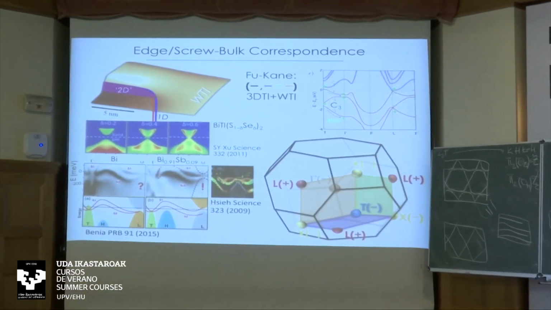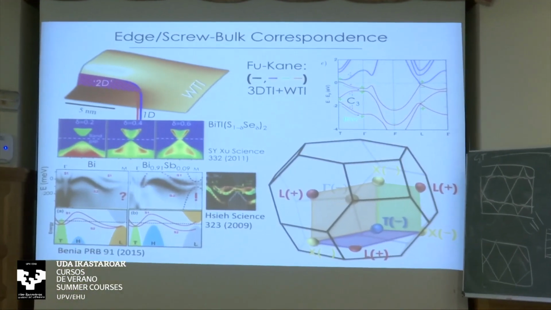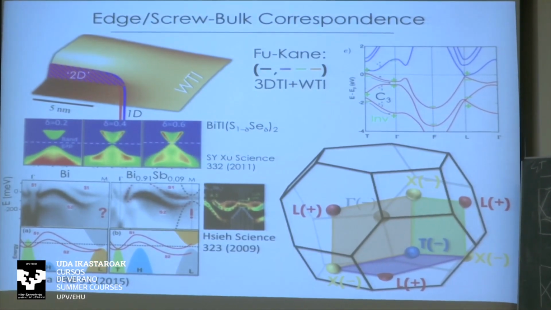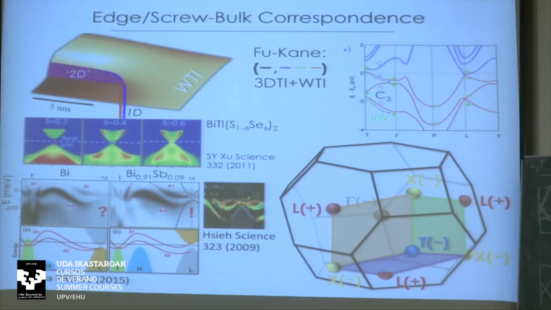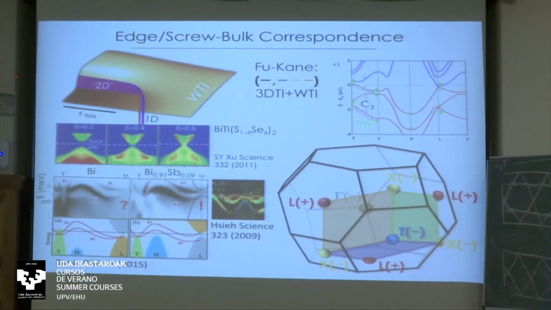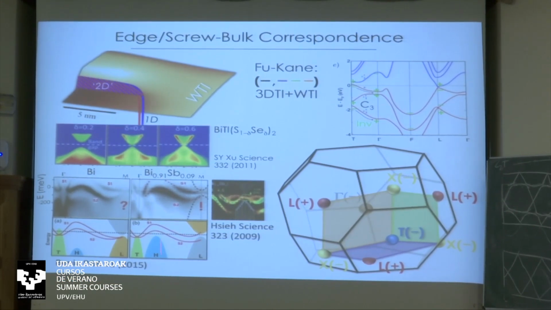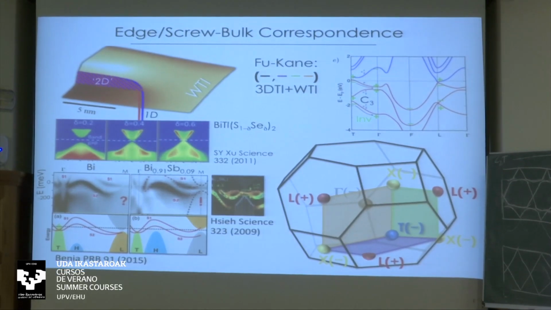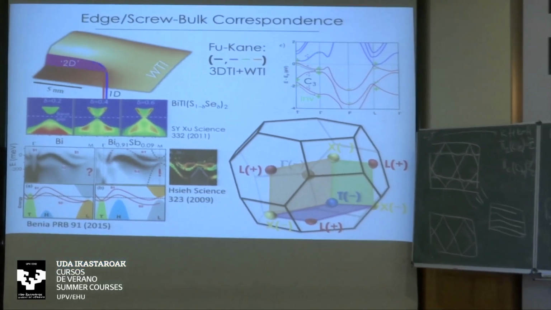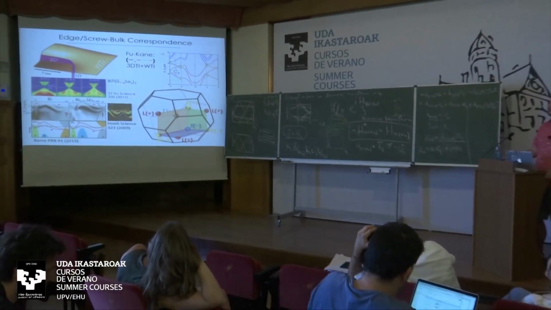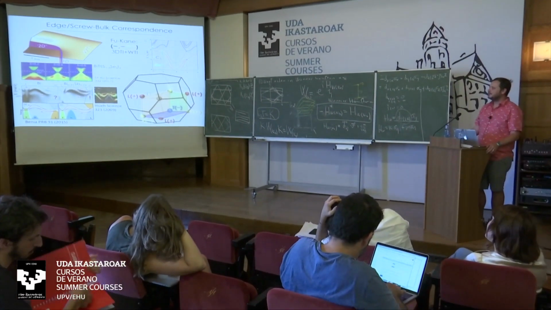We believe the DFT calculation, but the L gap is small enough for bismuth to be in the critical region of the topological phase transition, and therefore we see approximately helical modes that, with large probability, enter the screw dislocation because they are practically helical. So this is our current understanding of our observation on bismuth.